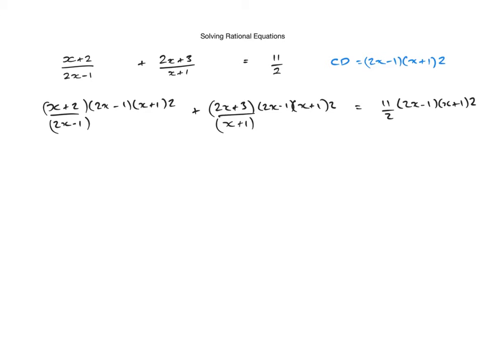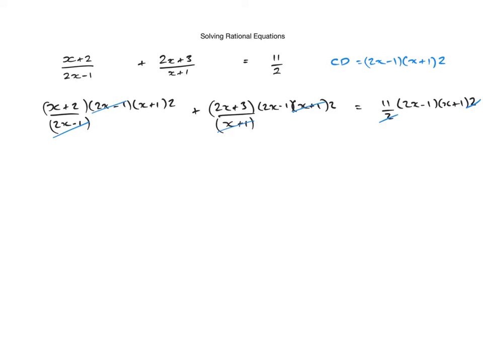Now we need to look at each of the terms individually and see what's going to cancel out. Here you can see we have a 2x minus 1 on the bottom and a 2x minus 1 on the top. On term 2 we have x plus 1 on the bottom and an x plus 1 on the top. And on the last term we have 2 on the bottom and 2 on the top, which means we can start cancelling these things out. So that and that will go, that and that will go, and that will go.